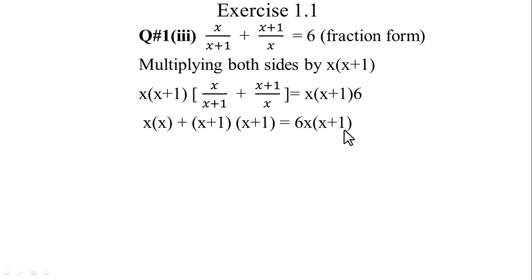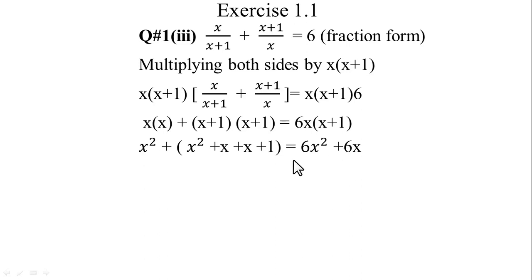Now we multiply the values: x multiplied by x is x square, plus x multiplied by 1 is x, plus x plus 1 multiplied by 1 is x plus 1, is equal to 6x multiplied by x is 6x square plus 6x multiplied by 1 is 6x.